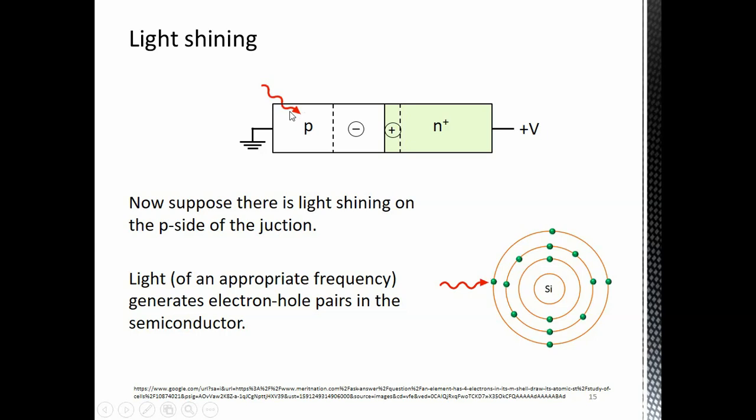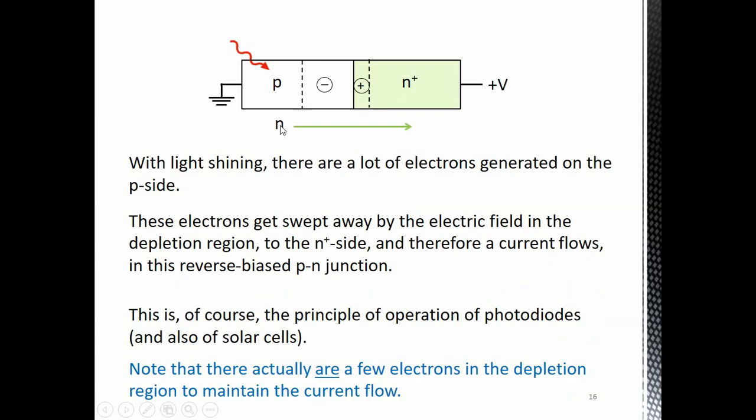Alright, so if there is enough light shining, this region is getting a lot of electron hole pairs being created. Now what does that do? Suddenly, because there is light, there are lots of electrons here. If there are lots of electrons, they are available to carry current to the N plus side, to the positive voltage.